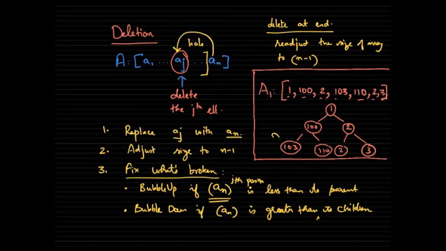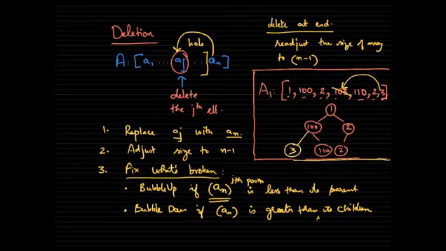So delete this guy. Off with it, right? So when I delete 103, the last element 3 comes and takes its place. All right, so when that happens, the tree starts to look like this. Okay, so suddenly 3 is in the place where 103 used to be before.